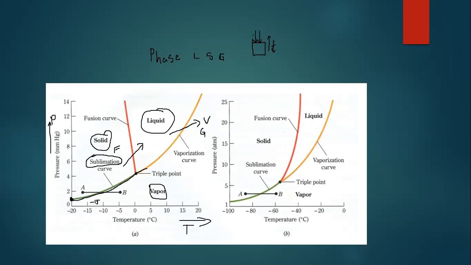As I've told you already, this line here is a line that separates different phases. It's showing us a curve separating different phases. This one is called the fusion curve, which separates the solid from the liquid.